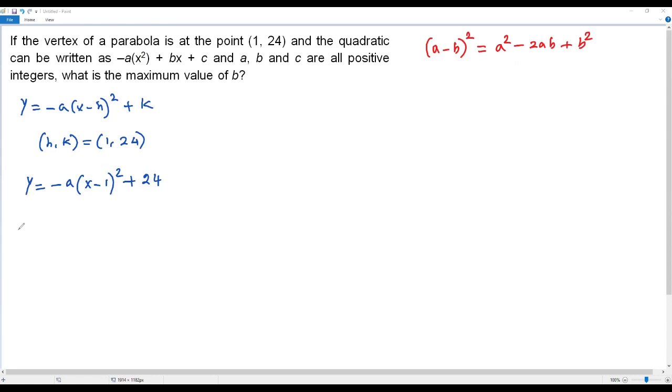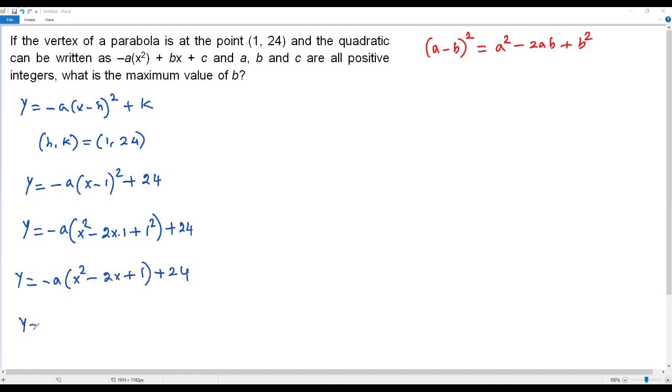Then I'm getting y equals negative a times x squared minus 2ab, that is, for a we write x, for b we write 1, plus b squared means 1 squared, plus 24. Then we get y equals negative a times (x squared minus 2 times x times 1, which becomes minus 2x, plus 1 squared which becomes 1) plus 24.